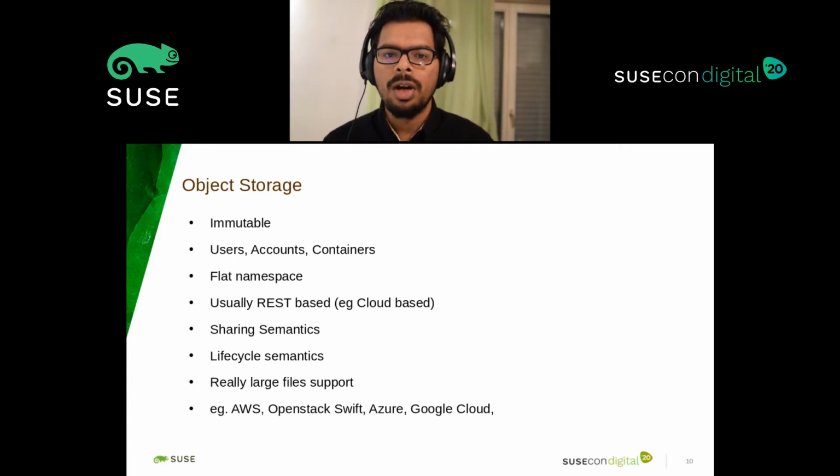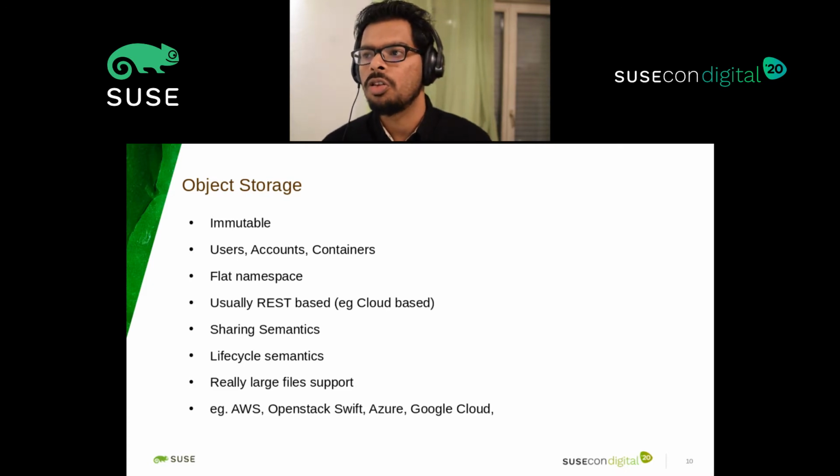You do have sharing semantics because you have users and accounts, so you can technically share a file with a specific account. And since it's cloud based, your backend system can do many things on a lifecycling sort of basis. You can transition objects into a colder tier of storage, or delete them after a certain number of days.